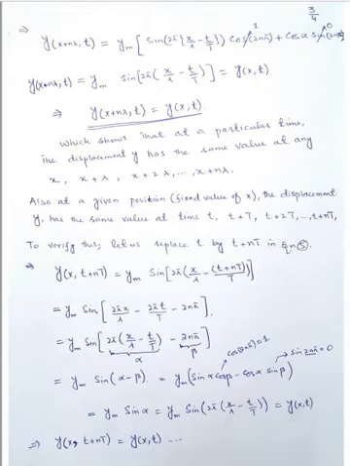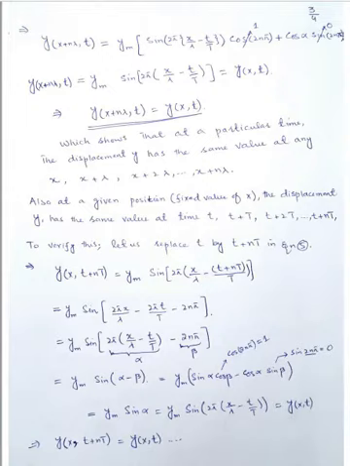So if you add any integral multiple of λ to x, you have the same vertical displacement y, that is at any position x, x plus λ, x plus 2λ, x plus 3λ, and so on, x plus nλ, you will have the same vertical displacement.